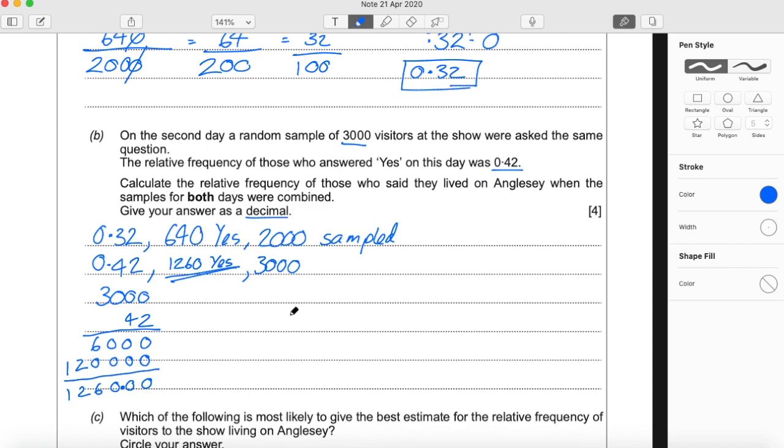So now we need to do 640 yeses from the first day plus 1,260 yeses from the second day, and in total 5,000 people were sampled across both days. 2,000 from the first, 3,000 from the second.